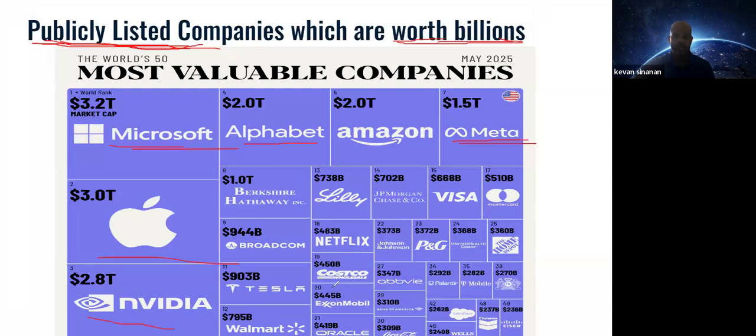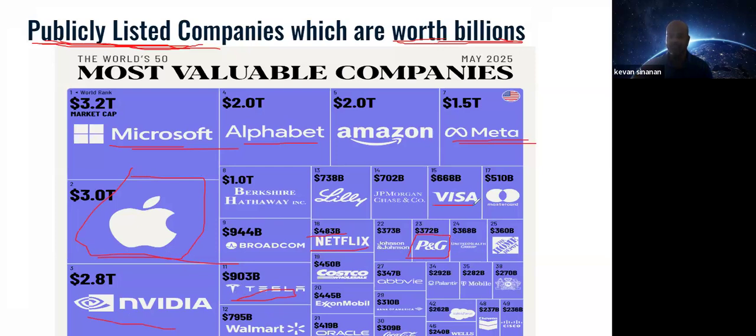So Procter and Gamble makes all of those shampoos. That's a publicly listed company too. Apple, whoever has an Apple phone, that is a publicly listed company. Tesla cars, publicly listed company. Netflix, publicly listed company, $483 billion. That's what it's worth.